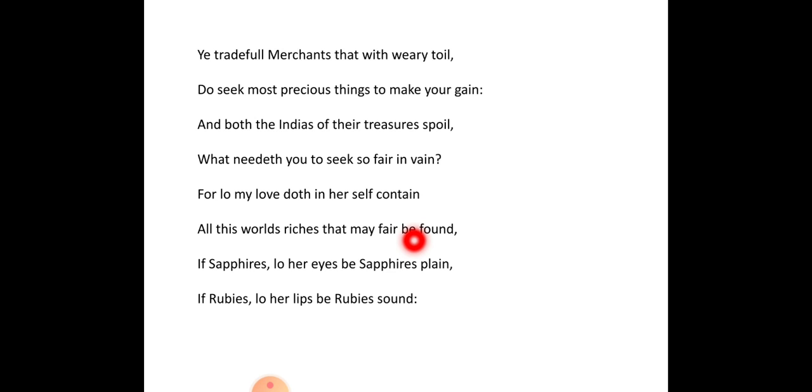Otherwise, the speaker's beloved doth in herself contain all the world's riches. Very literally, six precious materials are used here: sapphires, rubies, pearls, ivory, gold, and silver. All these compose this woman's head and hands, the only features that the poet describes.